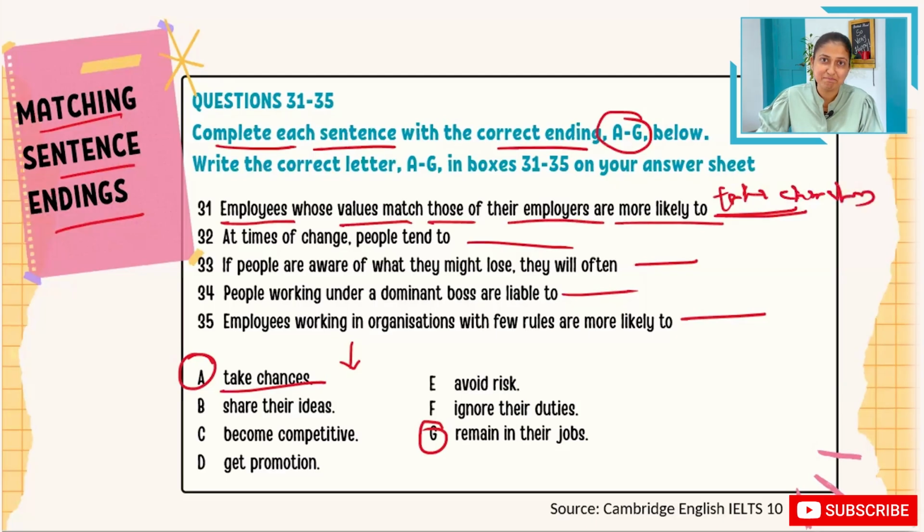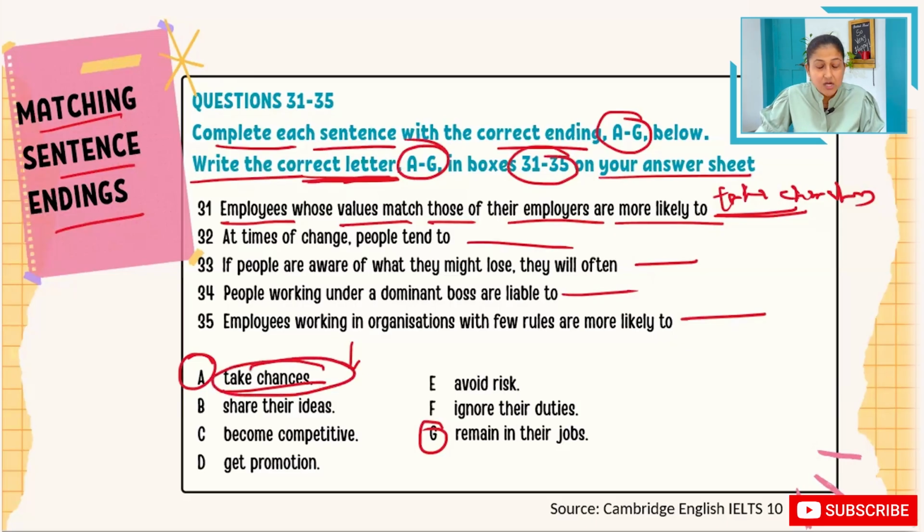Will I do that? No, absolutely not. Look at the instructions. Write the correct letter A to G in the boxes 31 to 35 on your answer sheet. So you will not write the entire answer. You will simply write the letter that belongs to that answer. So my answer would not be take chances. It would be simply A, because that's the letter dedicated to this option.